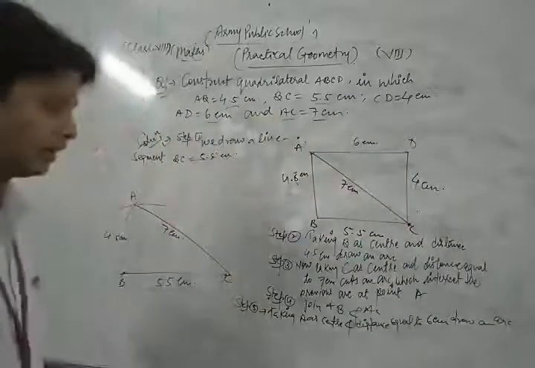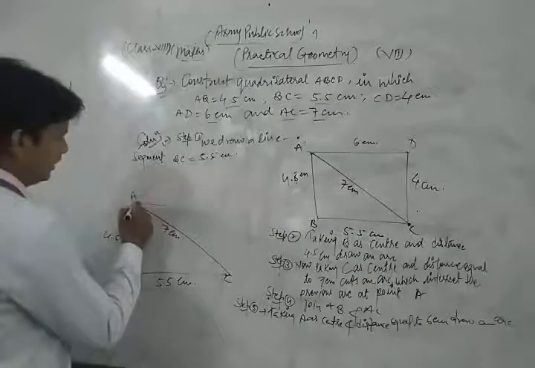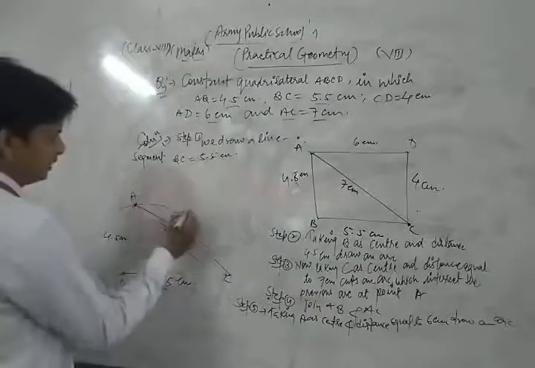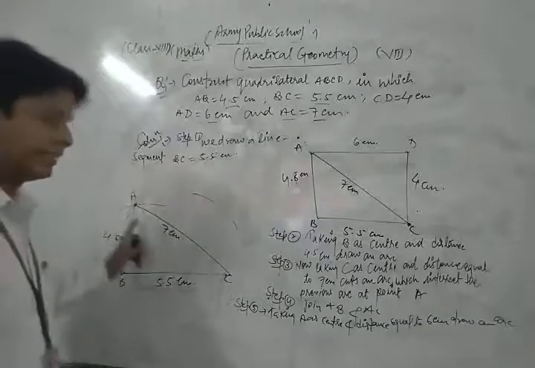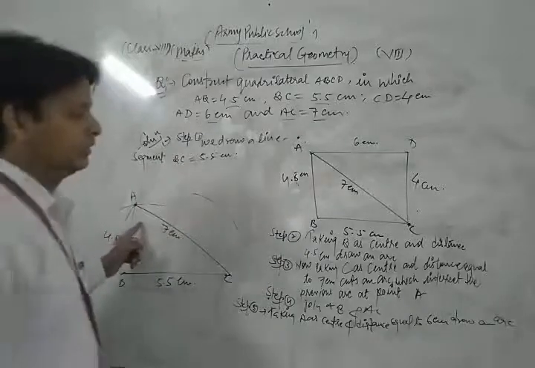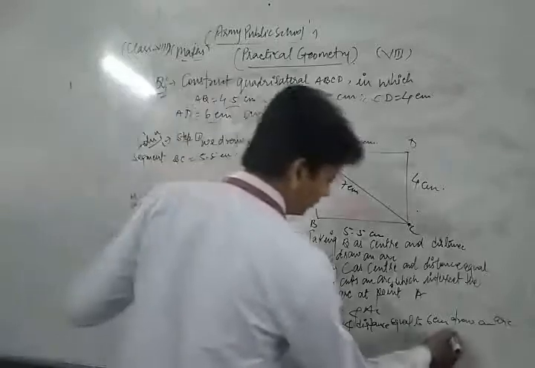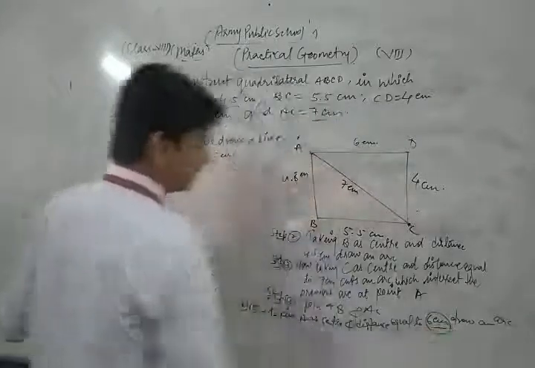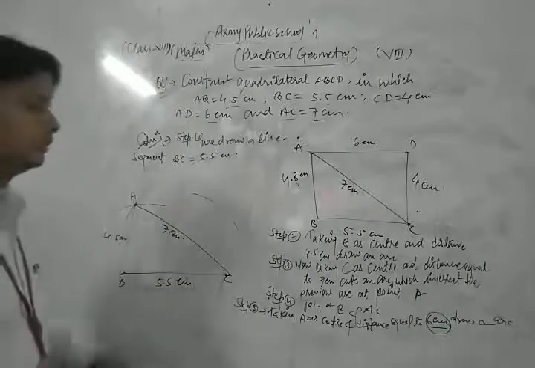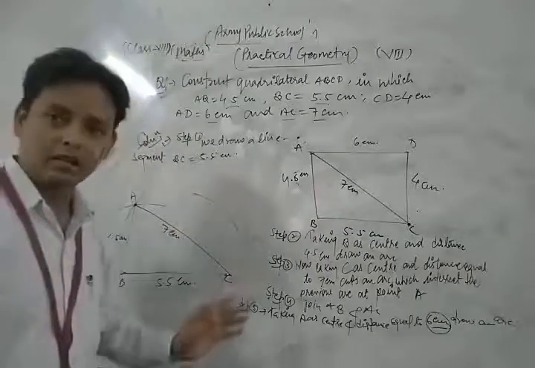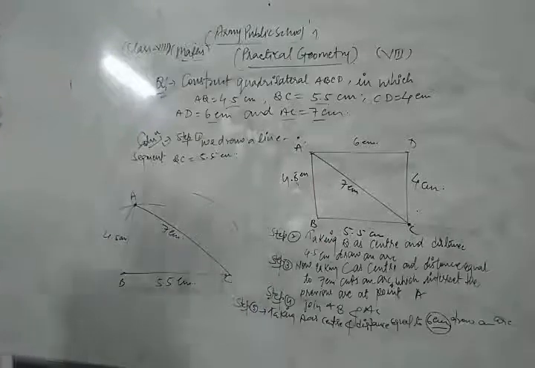Let's see, A as center and distance equal to 6, draw an arc in this way. Okay, taking A as center and distance equal to 6 centimeter, draw an arc. Now what do I do?